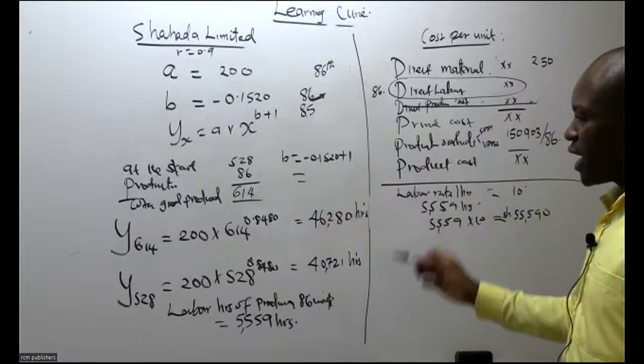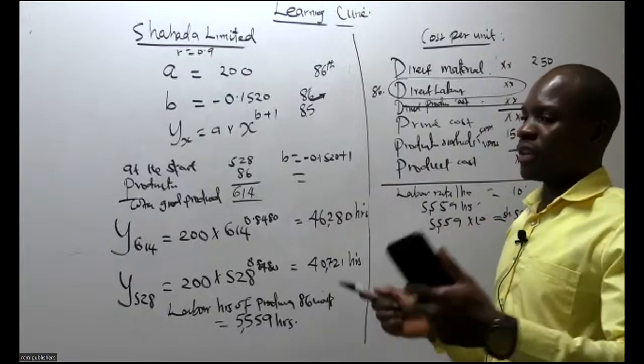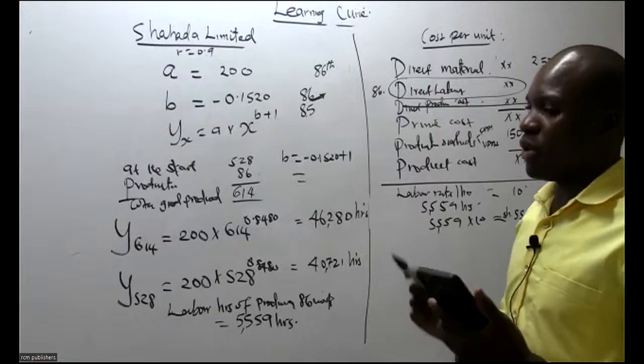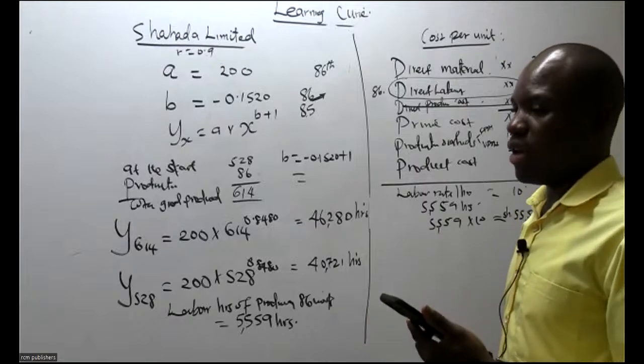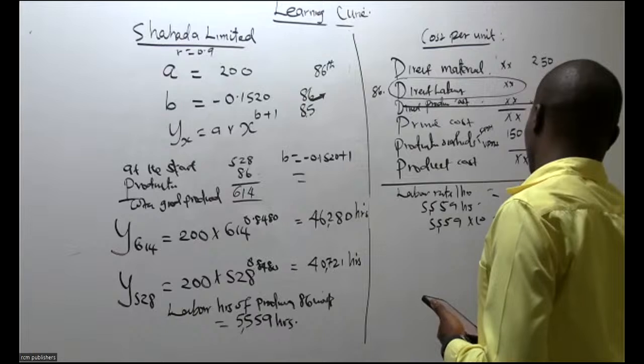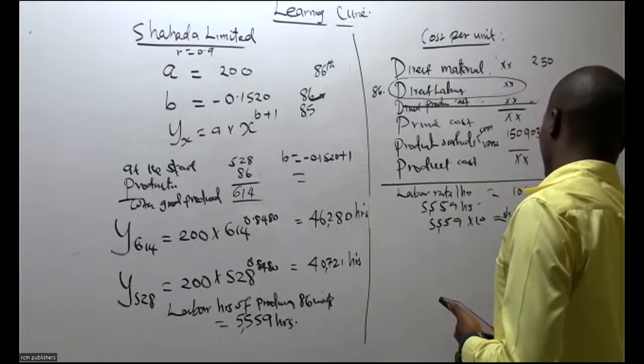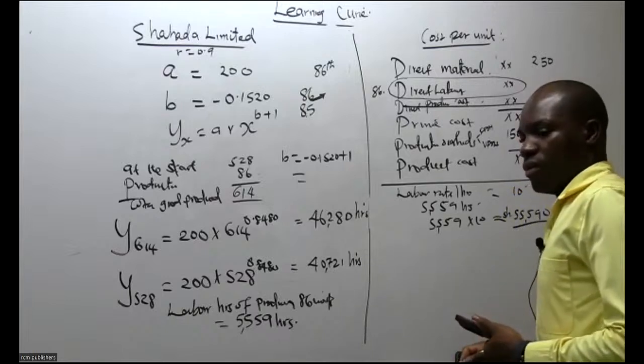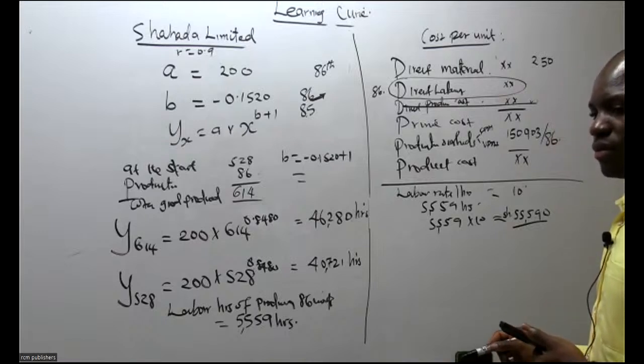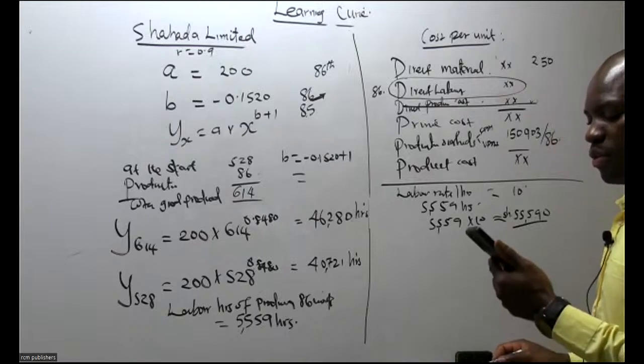This amount was incurred during the previous period. In the previous period, how many units did they manage to produce?